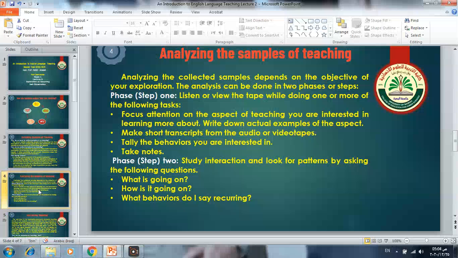So you ask yourself the following questions. What is going on inside the classroom? How is it going on? How are things done inside the classroom? And what behaviors do I see recurring, that frequently occur?